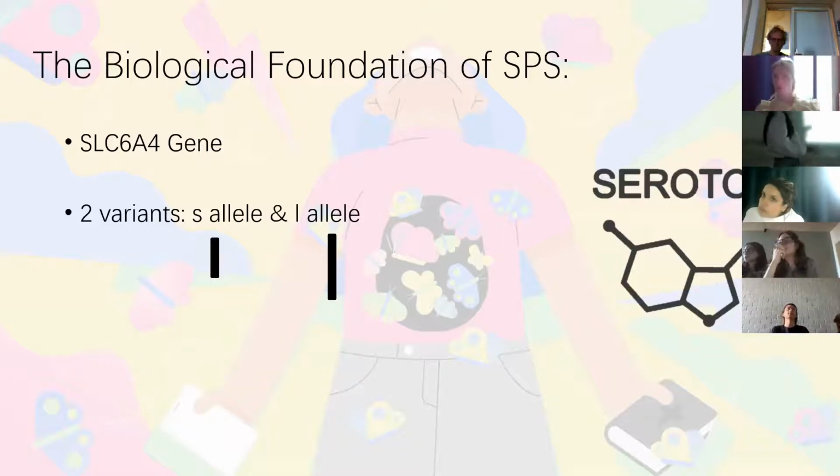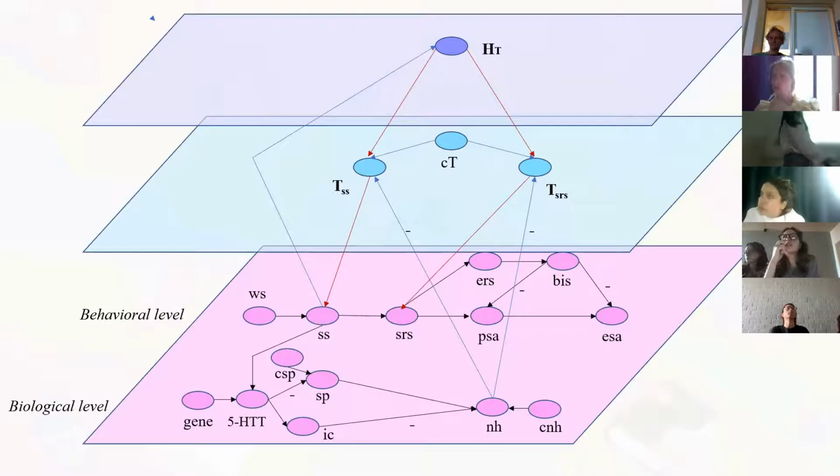So S allele equals a lack of serotonin in your brain. My model is basically to model the whole process of how biological level traits influence your behavioral level performance.